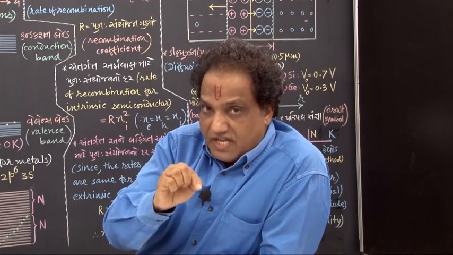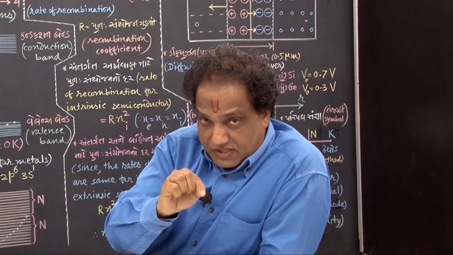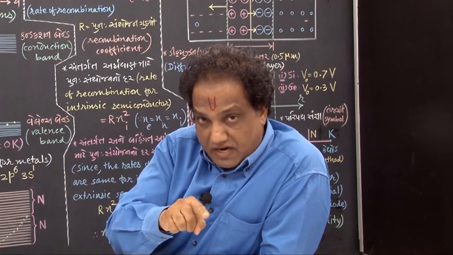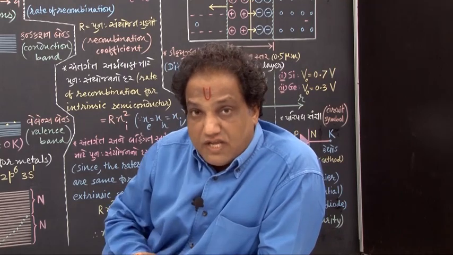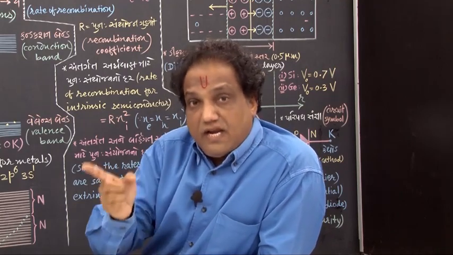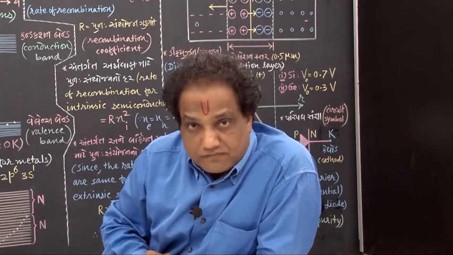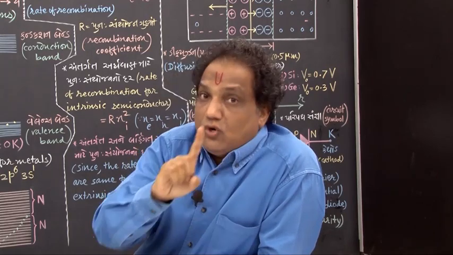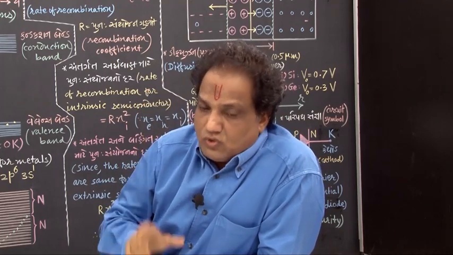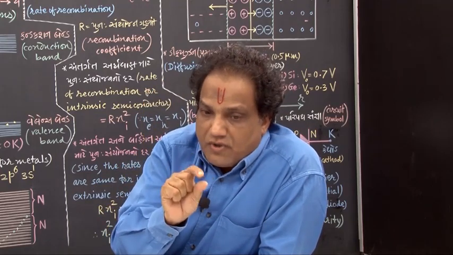But then don't be misunderstood. If hole is created in one of the bonds, then don't think that permanently it will have hole only. No. There are more than enough chances that another electron may occupy that hole, and as soon as another electron occupies that particular hole, it no more remains a hole. So that process is called recombination.